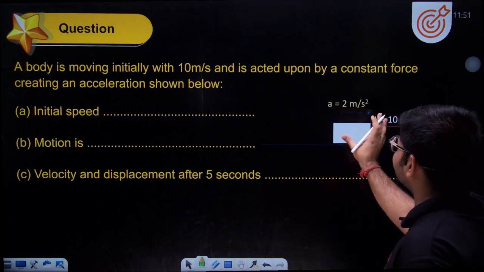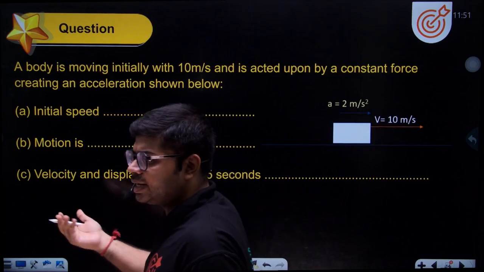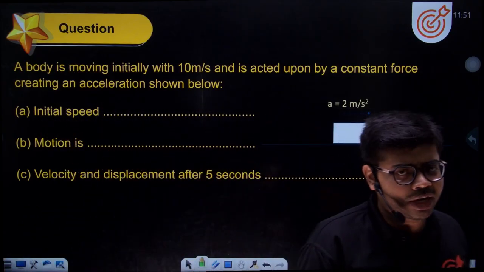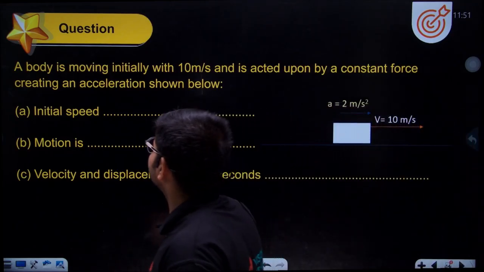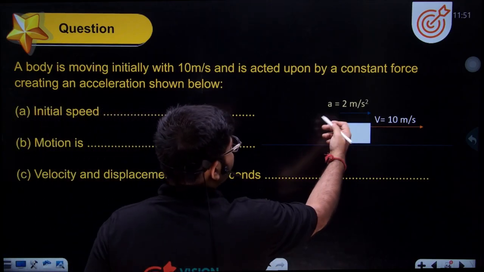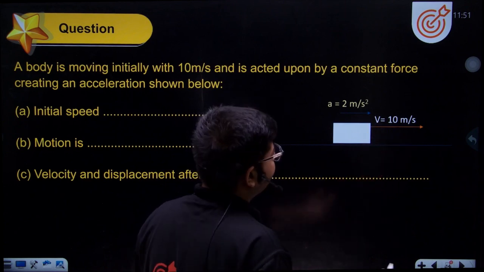So a force is acting on this body, creating an acceleration. When force is applied, acceleration is going to be created. We are going to see that in Newton's laws of motion. Now constant force creating an acceleration is shown below. So you see here the direction of the acceleration and the direction of the velocity are the same.